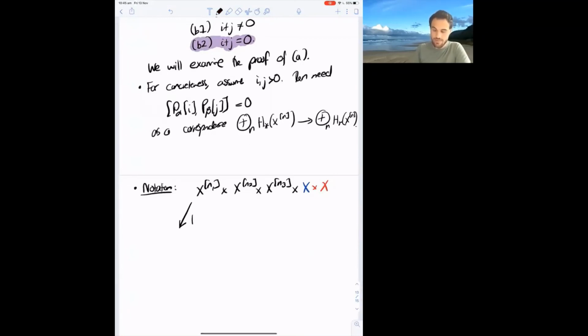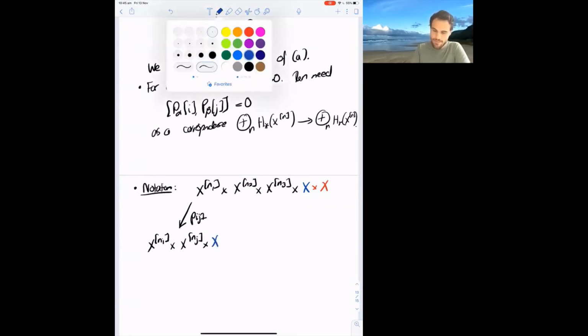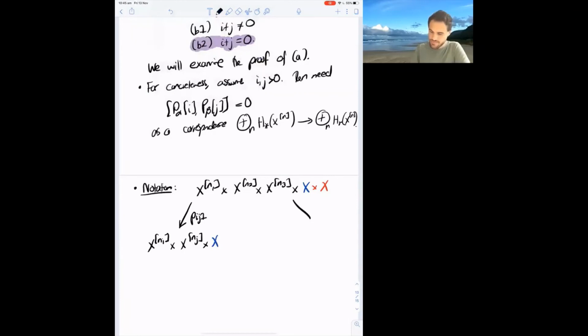I'm going to write Pij1 for the projection to X^[n_i] times X^[n_j], multiplied by the blue copy of X. And then we have a red copy of X, so I need Pij2.